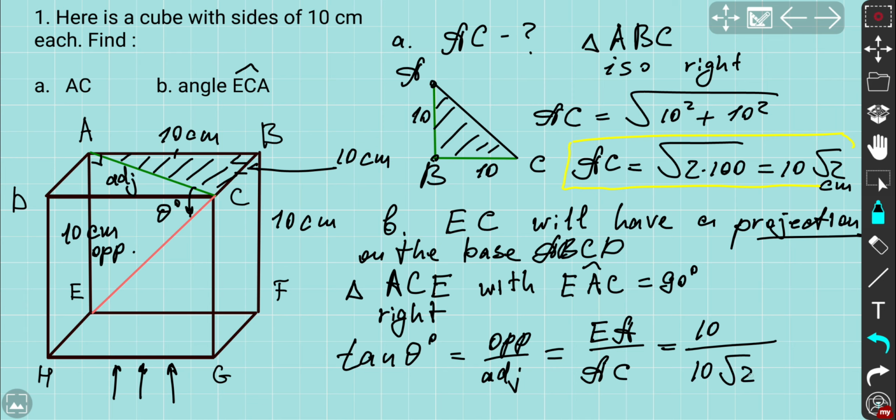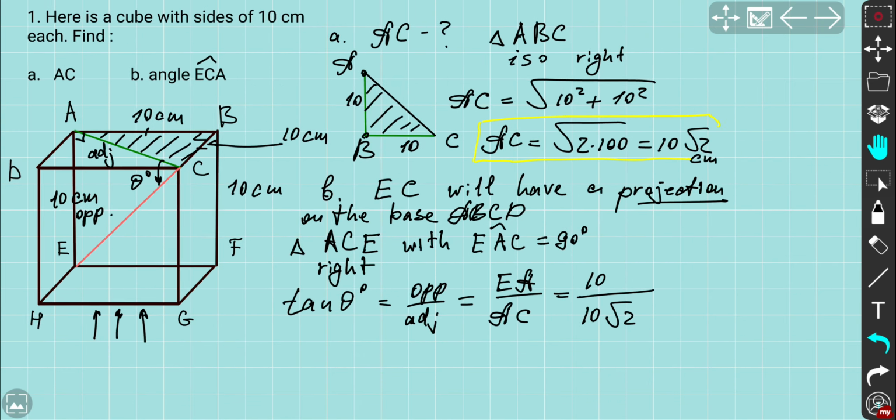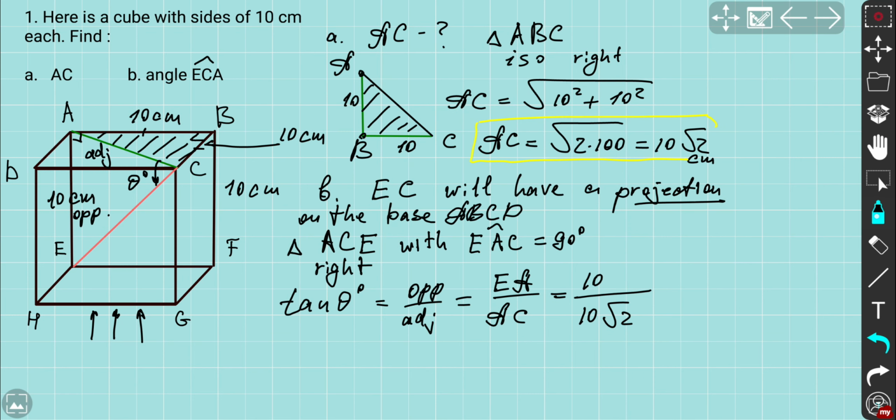From there we can take the tan inverse, the inverse function. In order to find theta, we take tan inverse using a calculator of the ratio. The 10 and 10 will cancel, so we get 1 over square root of 2, and that's going to be the value we take the inverse of.